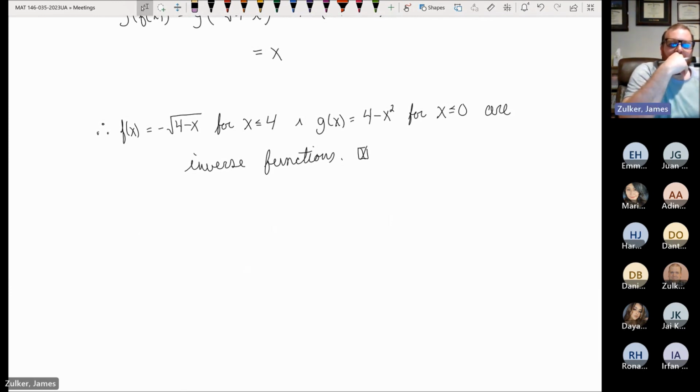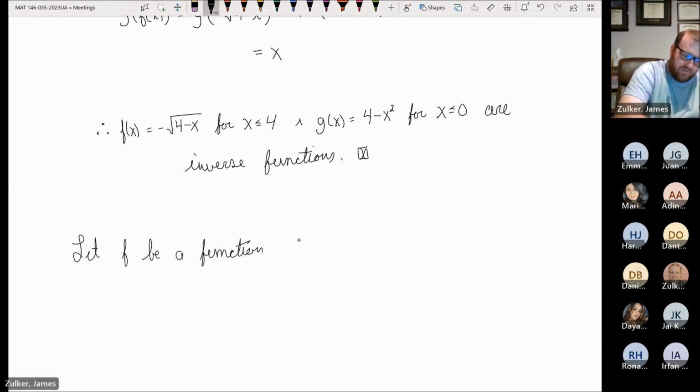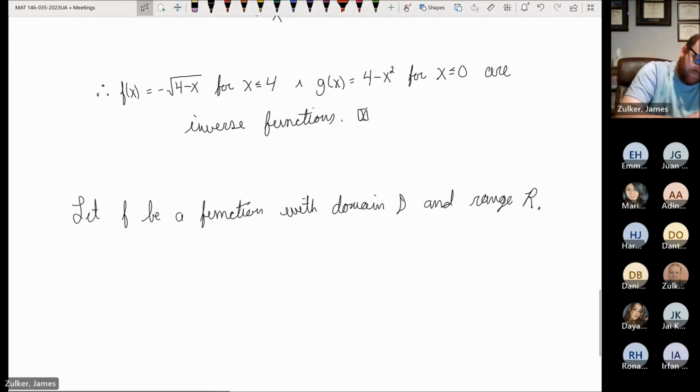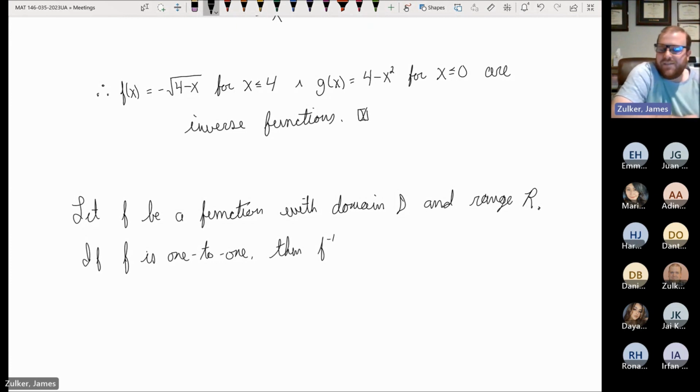Now, I want to point out a nice property of inverse functions. So f is a function that has domain D and range R. So if f is 1-to-1, that means it has an inverse.